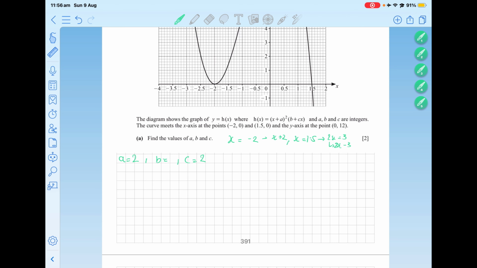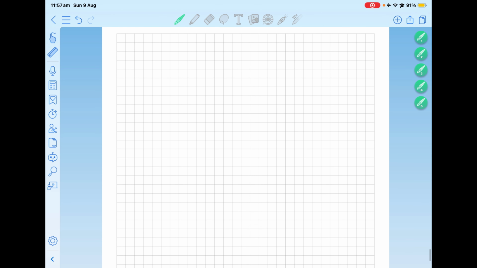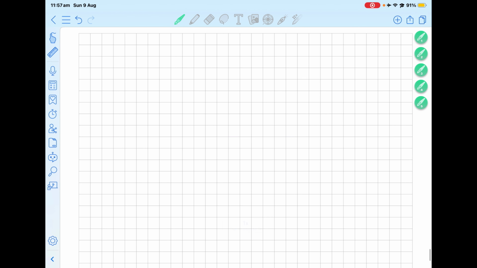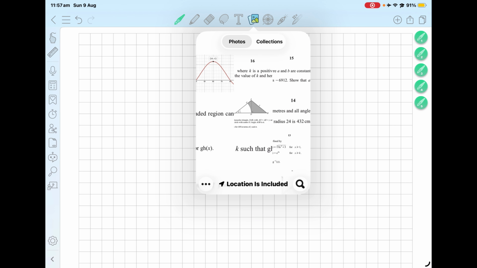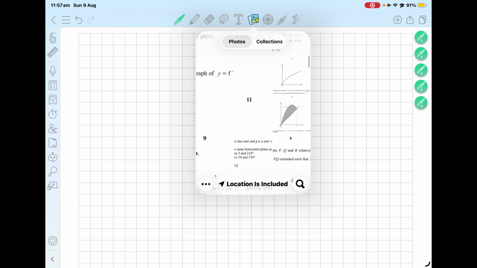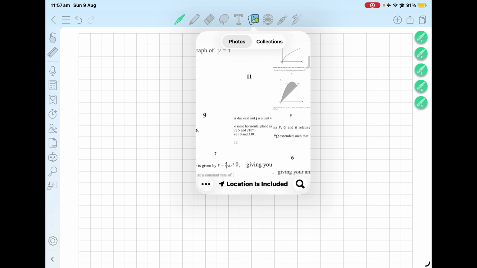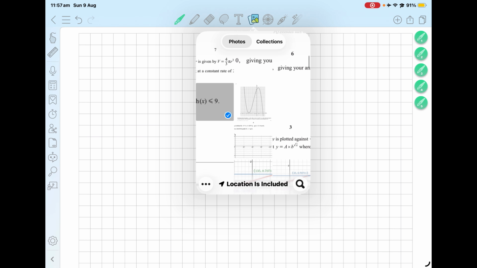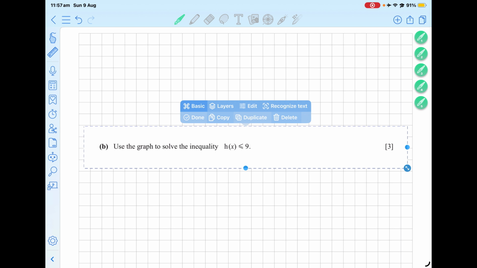And literally this is like the most confusing question ever. Why? Because, you know what, let's just move on to part B for now. Don't even want to talk about it. So use the graph to solve this inequality.